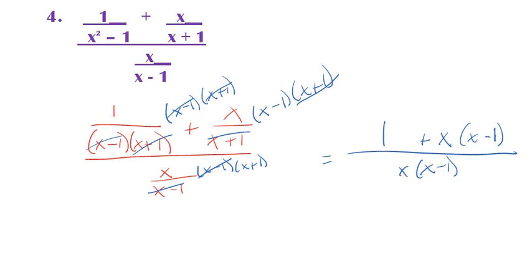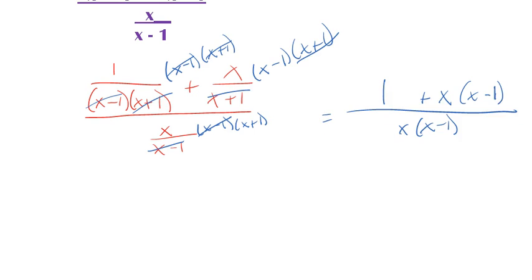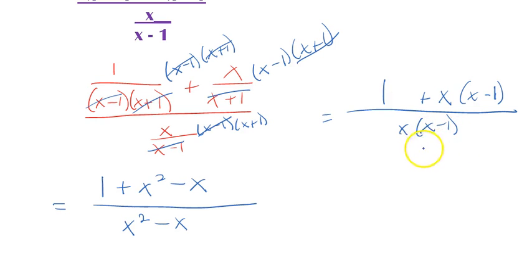And this might be another situation where you want to leave it like this or combine like terms. So I'm going to distribute again and just see what this ends up to be. So I have 1 plus, if I distribute the x in, I get x squared minus x. And then on the bottom, I have x squared minus x when I distribute there.